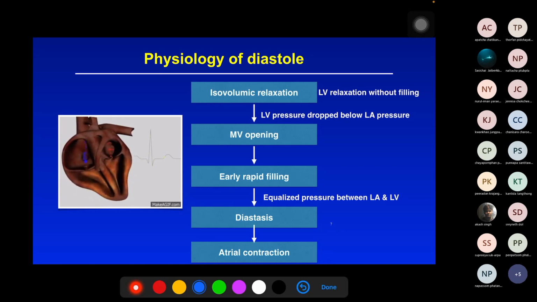After that, the RV and LV start the diastolic phase. It starts relaxation without any blood filling from the atrium. This phase is the IVRT. It's like the IVCT, it just lowers the pressure.